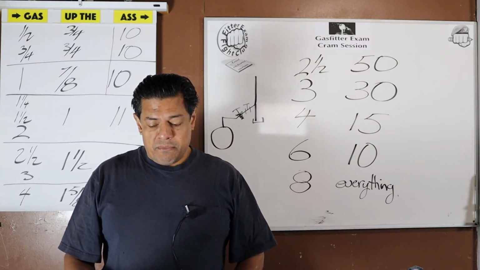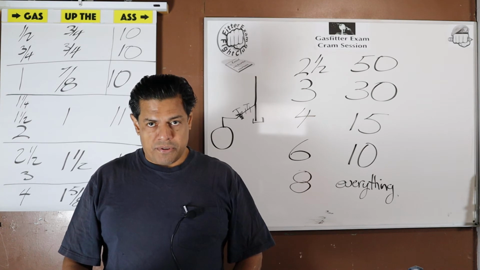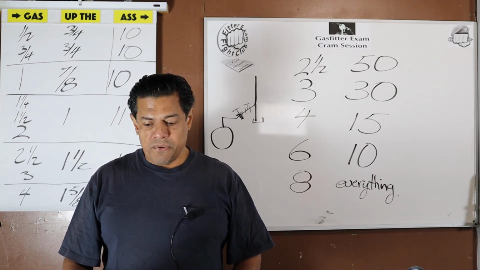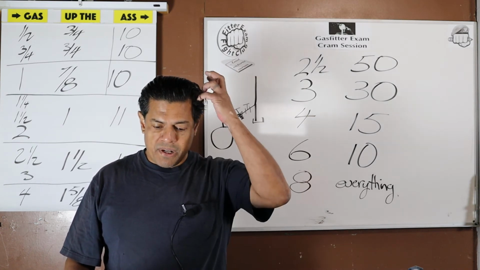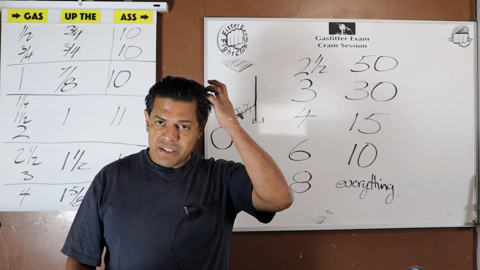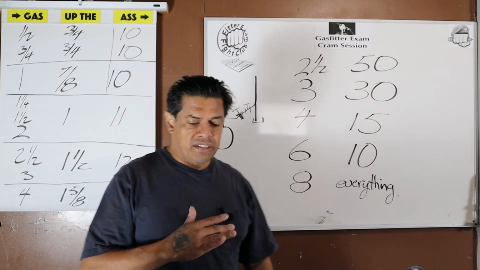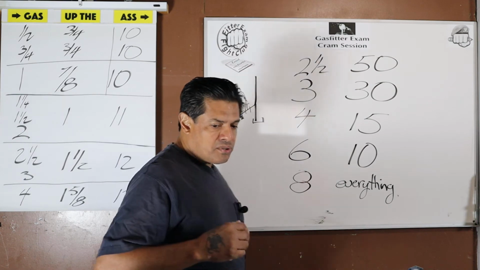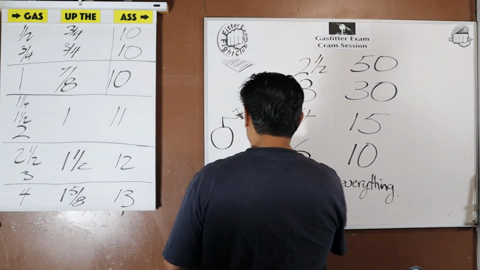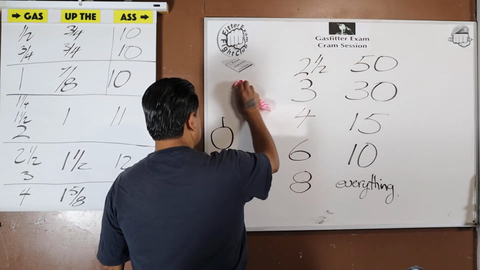piping systems may be purged indoors with fuel gas if the designed operating pressure is 2 psi or less. That 2 doesn't match anything we've dealt with. So that 2 is a number we're just going to have to learn.